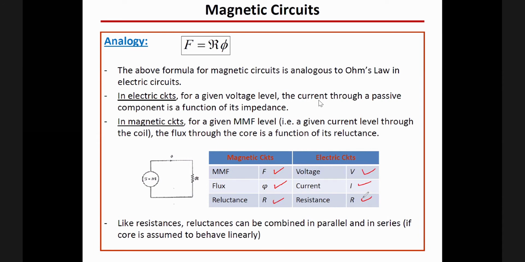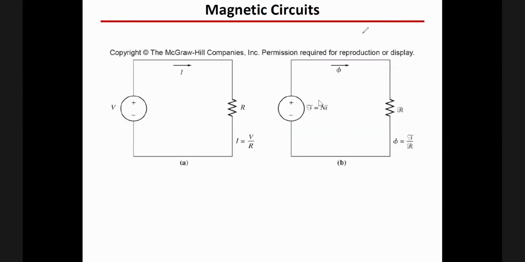So MMF in the magnetic circuit is similar to the voltage in an electric circuit. Flux is similar to the current in an electric circuit. Reluctance is similar to the resistance in an electric circuit. And this is very important. Why? Because if we can represent the magnetic circuit as an electric circuit, and since these three parameters are analogous to each other, we can represent the circuit and analyze it similar to how we analyze electric circuits.